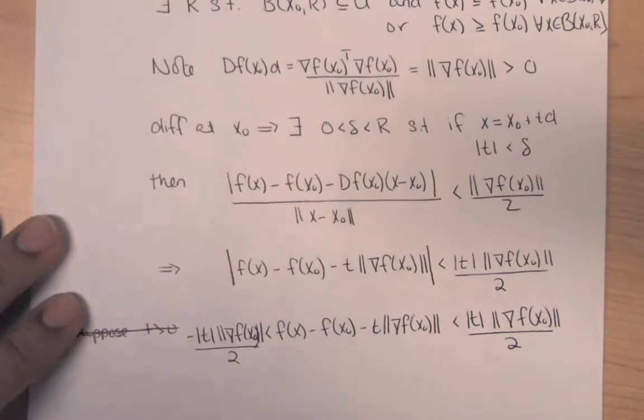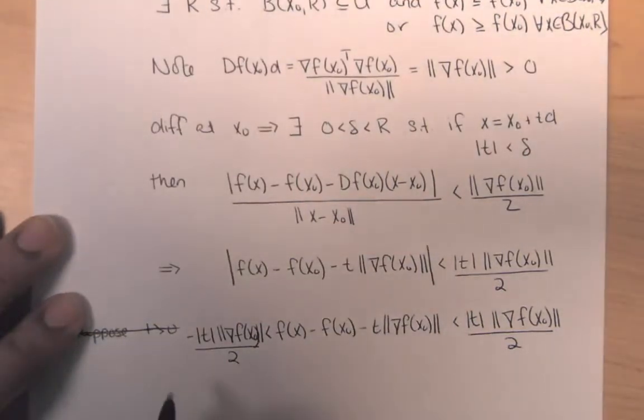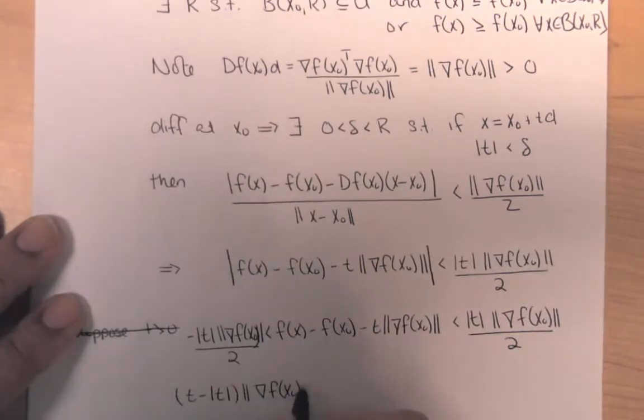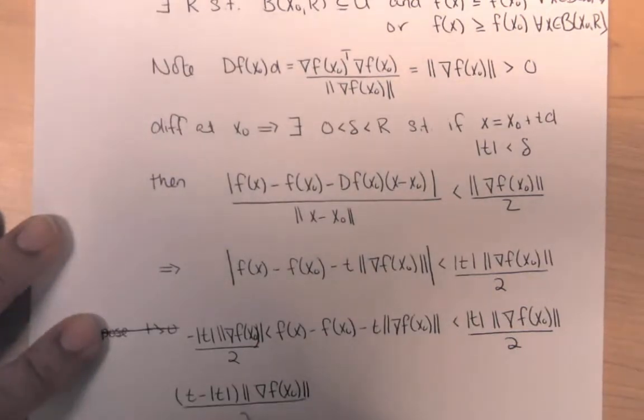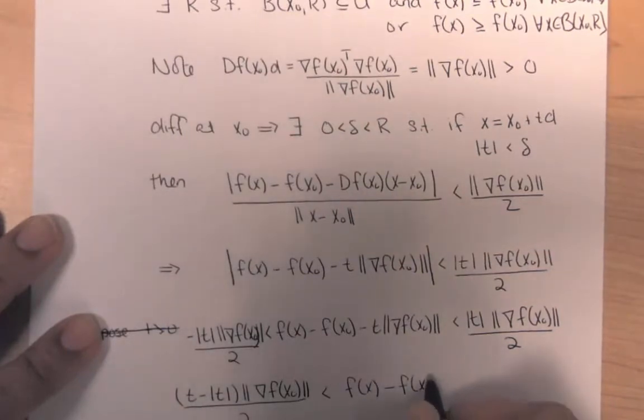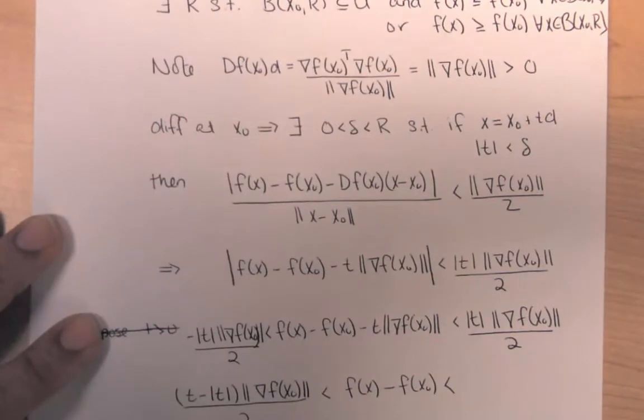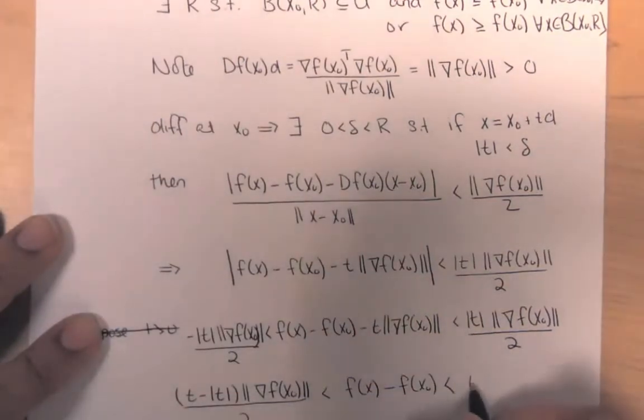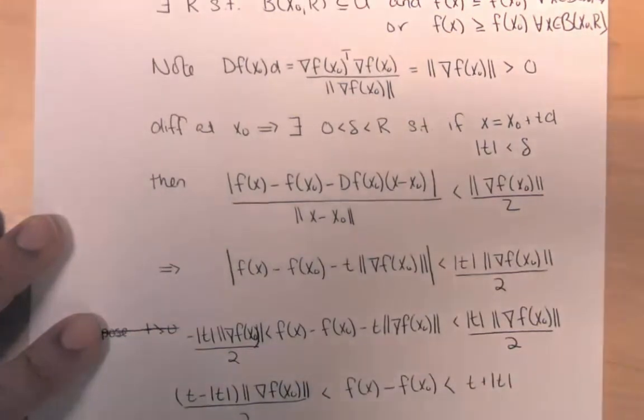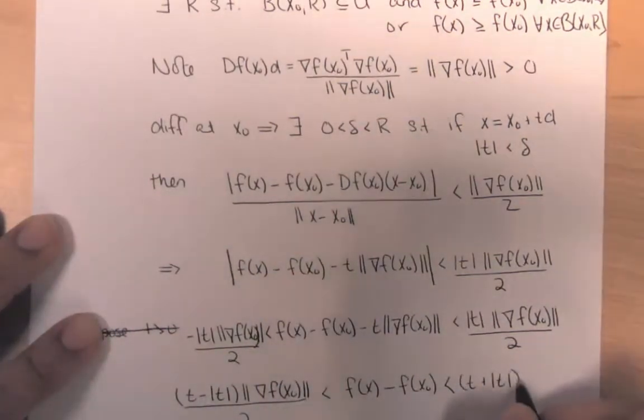I can take this term and add it to both sides. This would give me t minus the absolute value of t times the norm of the gradient divided by 2 is less than f of x minus f of x naught is less than t plus the absolute value of t times the gradient norm divided by 2.